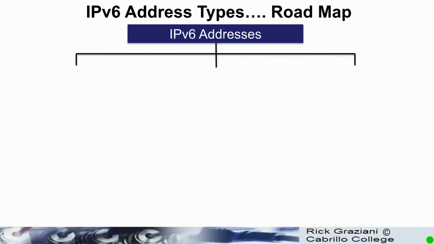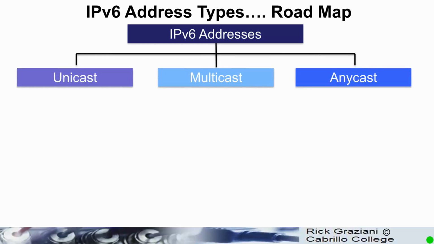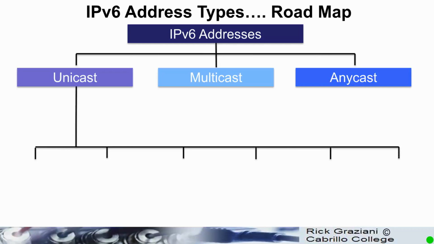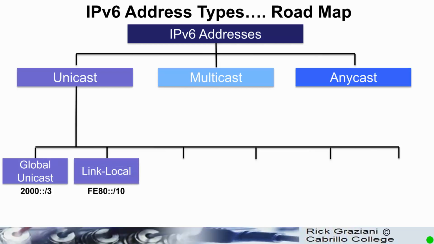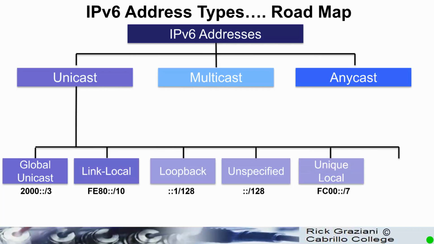Like IPv4, we have unicast and multicast, but instead of a broadcast, we have an anycast. For unicast, we have global unicast, link local unicast, loopback, unspecified, unique local, and embedded IPv4.